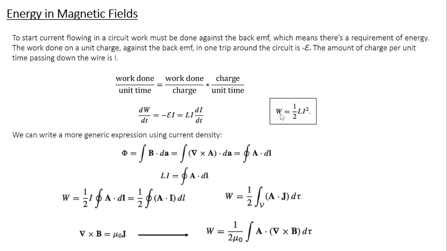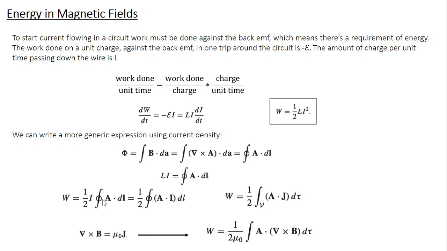We know the expression for work done. This is half into L I square. L I is this much, so you can write work done equal to half into I into integral A dot dl. When we talk about a wire, a one-dimensional configuration, the direction of current and direction of a segment of wire are both the same.